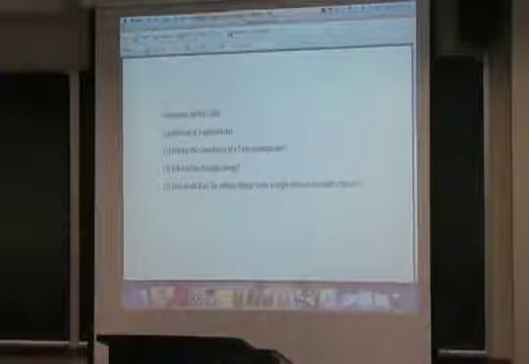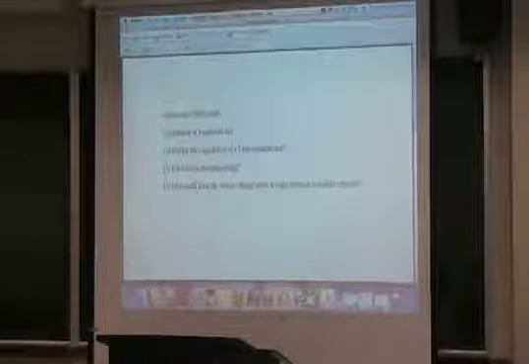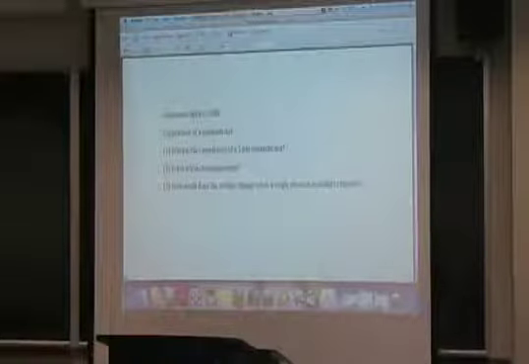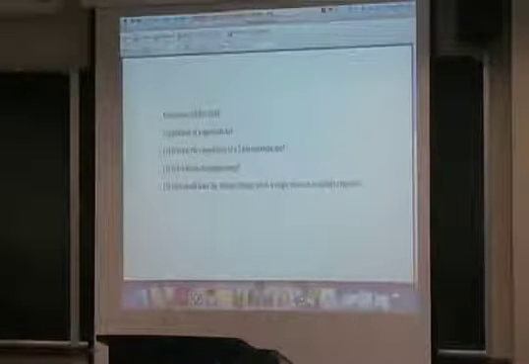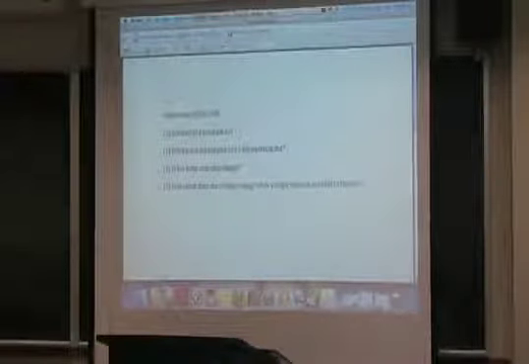Anyone tried? Everyone tried? Okay, good, because at some level we are talking about a capacitance, and what is the formula we have for that? 4 pi epsilon r. Yeah, 4 pi epsilon r. Jason, did you pick some values for this?